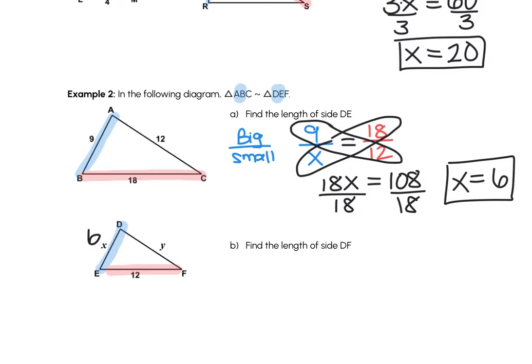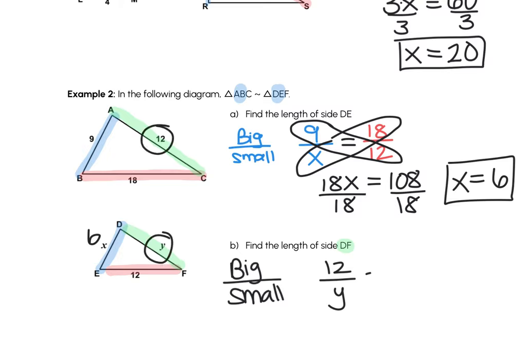And in the second part, they ask me to find the length of side DF, which is the side they labeled Y. And that goes with side AC. So again, I'm going to set up my proportion as the big triangle over the small triangle. The big triangle, the side I'm looking for, corresponds with 12. So 12 over y.